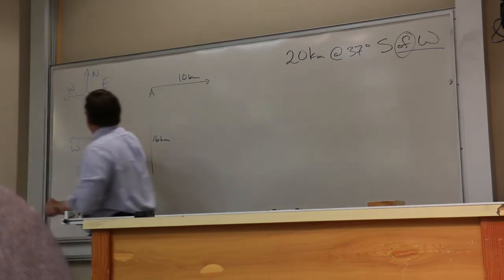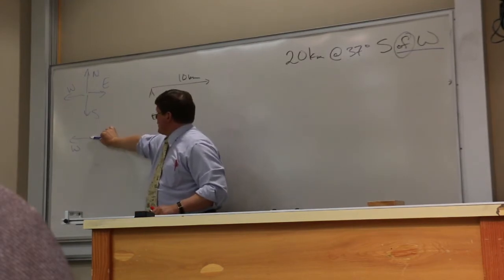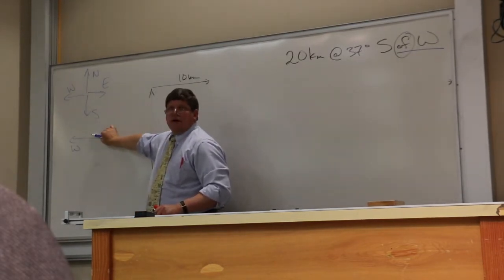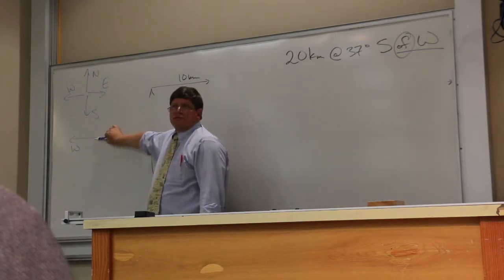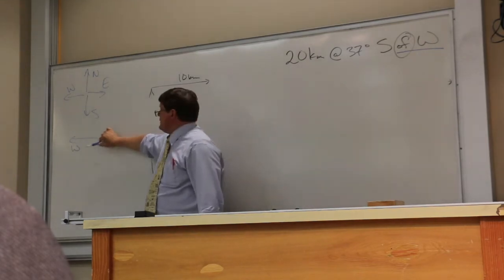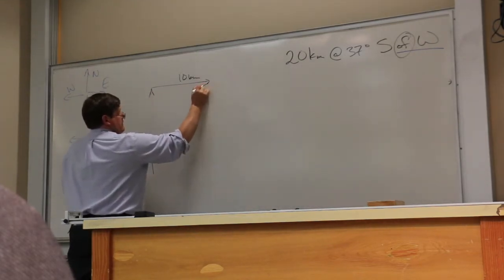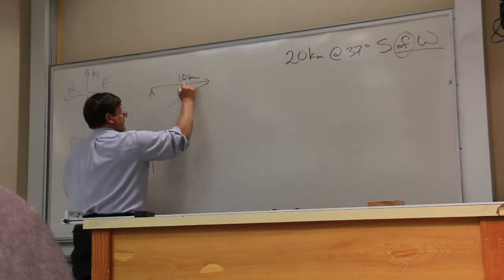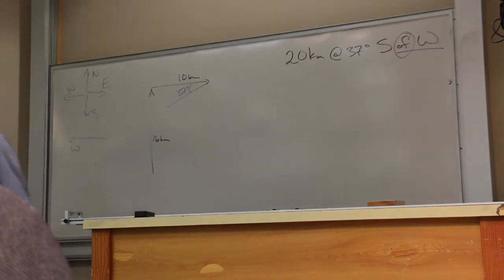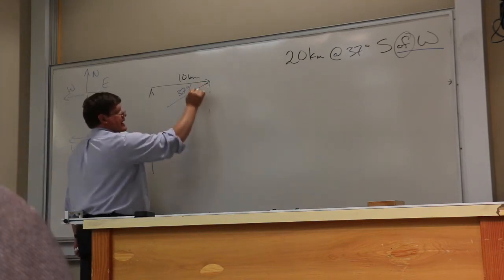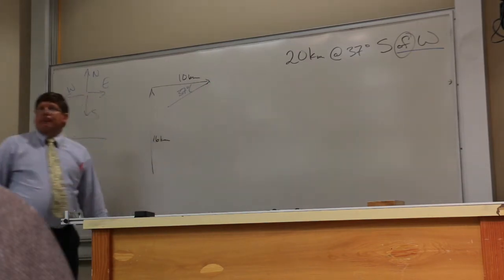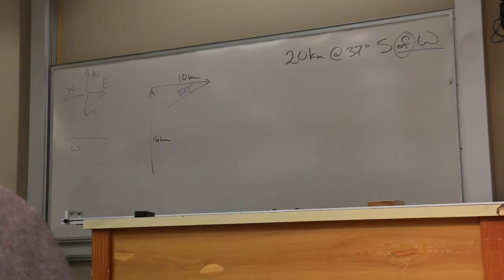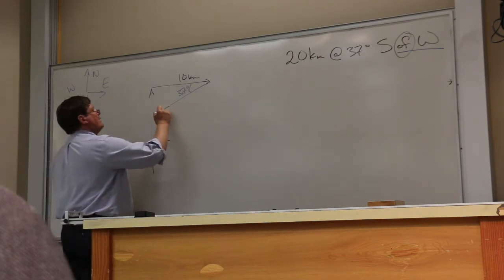And from west, I can either go north or I can go south of west. Well, we're told to go south of west. Well, how much? A little bit or a lot? Well, 37 degrees south of west. So this angle here is the 37 degrees. And the common mistake that was made on the exam was to make that the 37 degrees, which gives you the wrong answer.